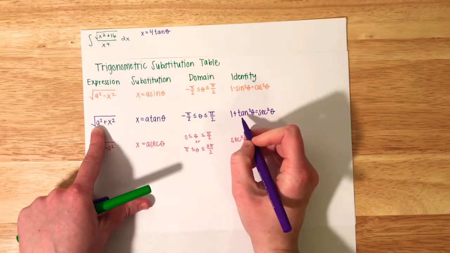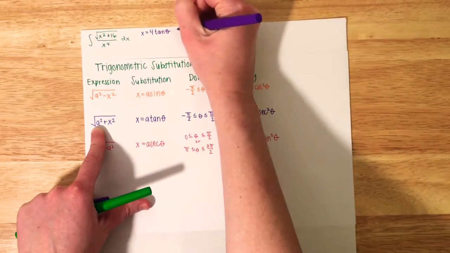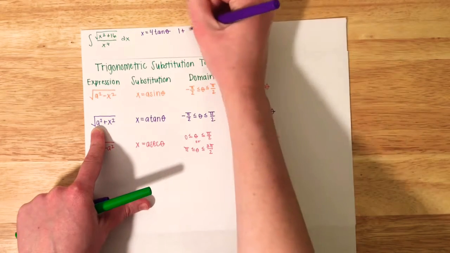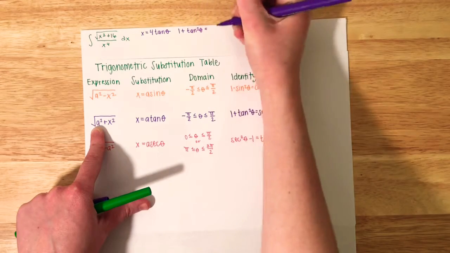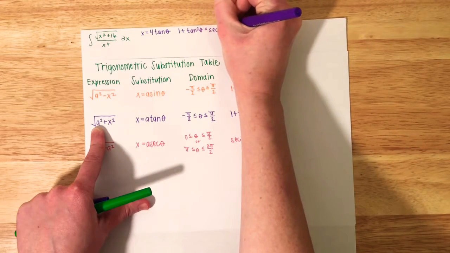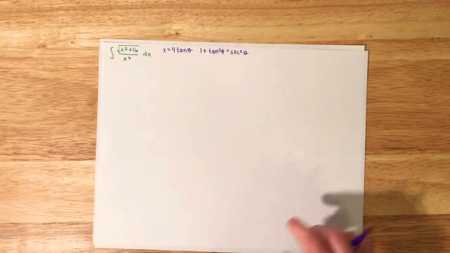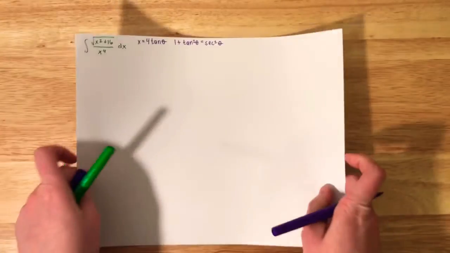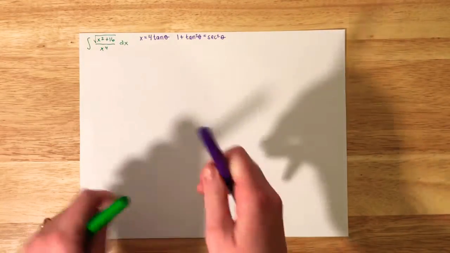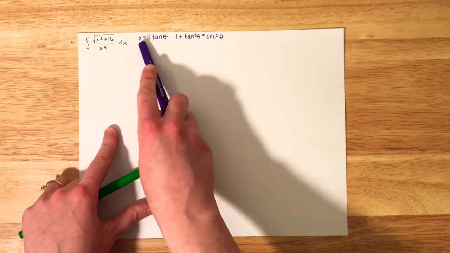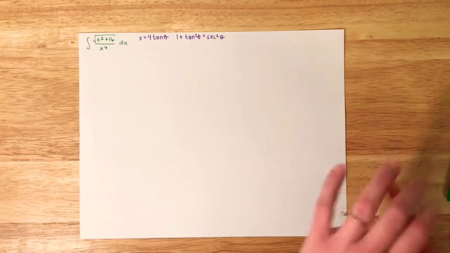And for convenience, I will write down this identity so we can have it here with us. So we have 1 plus tangent squared theta is equal to secant squared theta. All right, so we'll set this table aside. Okay, so we have something that we can substitute for x, but now we need to find something to substitute for dx.